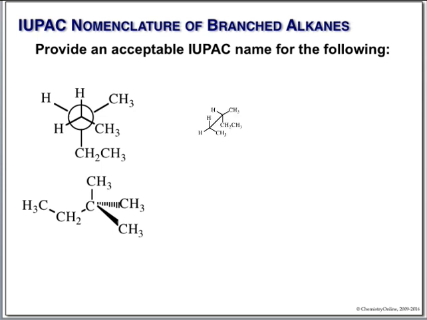Well, our process of unwinding. This is our front carbon, with the CH3 down here. Our back carbon has the methyl group and the ethyl. Okay? So that's what it looks like in isomers.